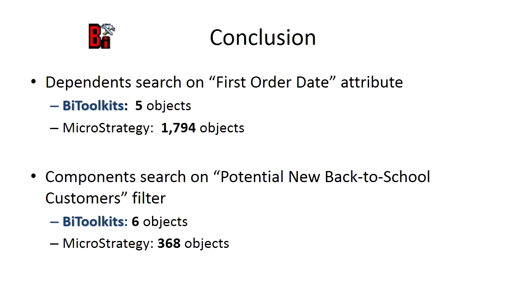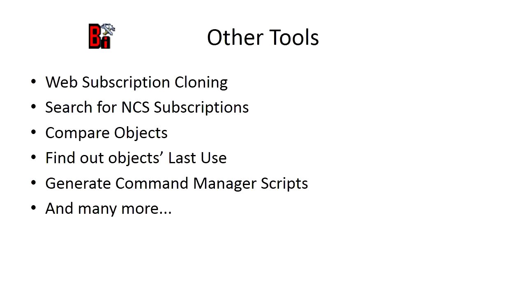Here is a partial list of the tools: web subscription cloning, search for NCS subscriptions, compare objects, find out objects last used, generate command manager scripts, and many more. In the next session, we will discuss the best practice on performing change impact analysis using BiToolkits. I will show you simple solutions for difficult tasks when performing change impact analysis.